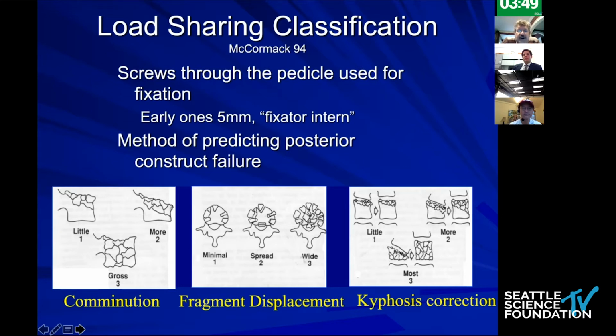And what we were seeing in some of these fractures is that the hardware failed earlier than full fracture healing. And so the idea was that maybe some of these fractures required anterior column support, and it was a classification to try to help give us guidance in that respect. It still probably has some relevance, but again, was really for a very specific concept.